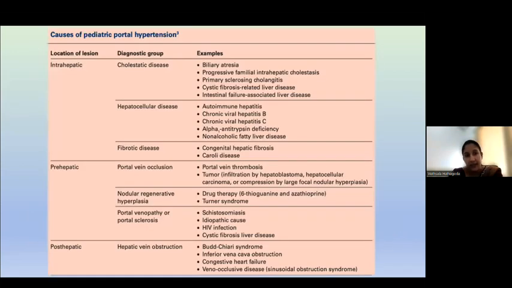Having said that, this is a diagrammatic representation of what I have discussed so far. Everything in a nutshell, in this diagram you can see the main locations of lesions, intrahepatic, prehepatic, or posthepatic, and the diagnostic groups and a few examples.